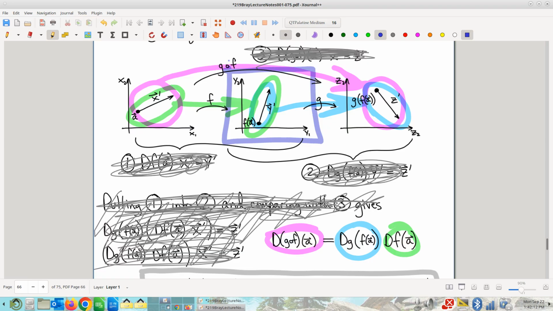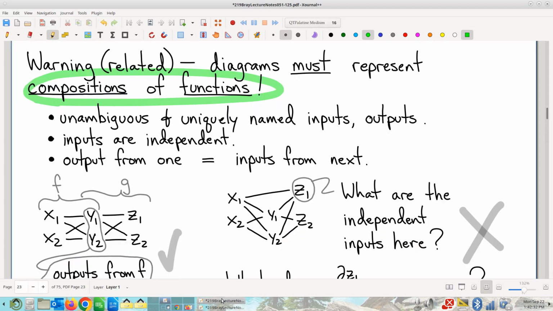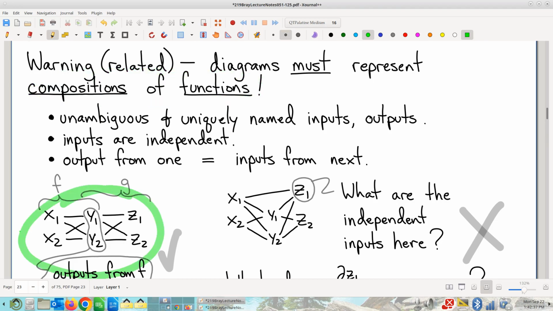And furthermore, notice that y1 can't be a function of y2 and stuff like that. So in each stage, the variables have to be independent of each other, and it has to fit this form. Well, okay, we write that down, and roughly speaking, you get these rules right here. And the idea is your diagram needs to look something like this.